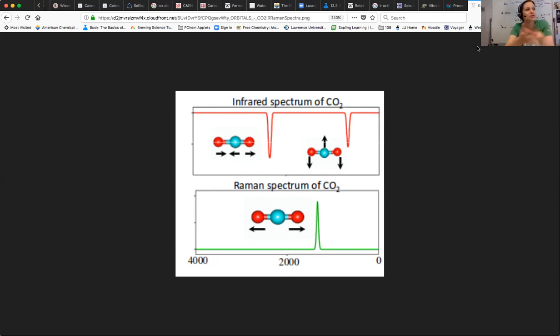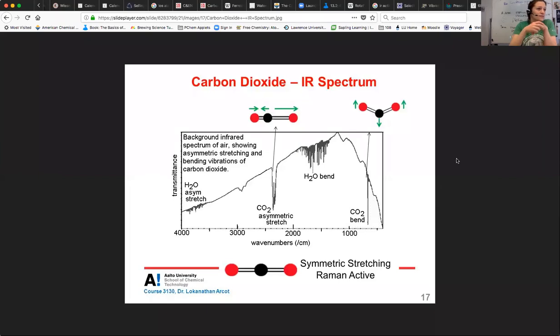Cool. Okay, last thing I want to show you is, if you recall going to Orgo, every time you would take IR of whatever, you would always get a background first, and it would look something like this. Does that look familiar?